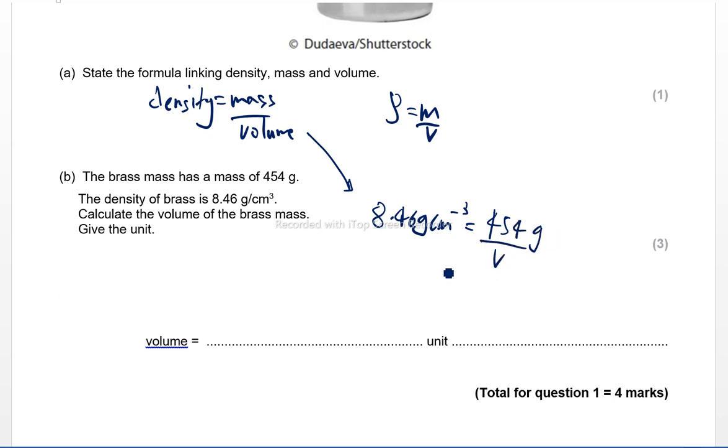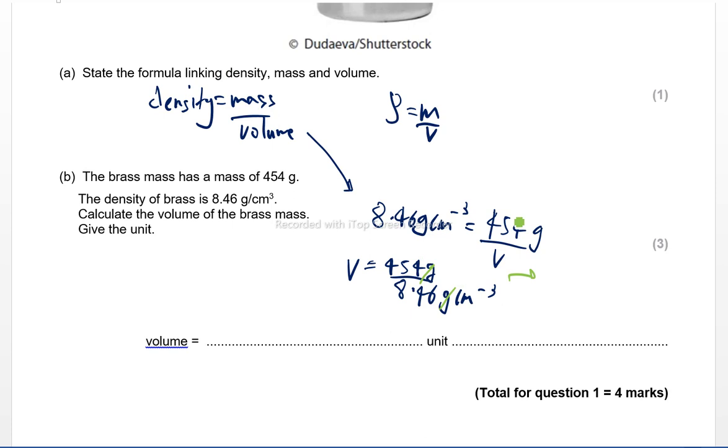And volume is unknown. So the volume will be equal to, change the subject of the equation. So you get 454 grams over 8.46 grams per centimeter cube. When you sum this, the grams and the grams get cancelled off, and what is remaining is per centimeter cube. When per centimeter cube moves to the numerator, you get the answer.